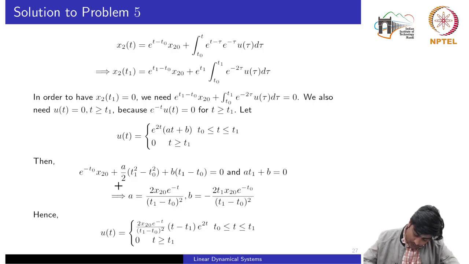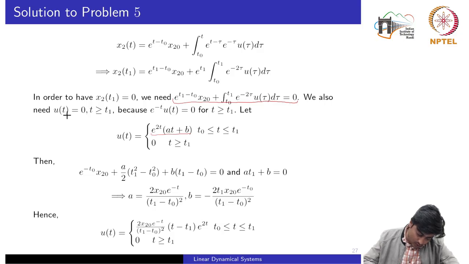So this requires two equations to be solved. The first one we have obtained from here. We just need to substitute u(t) into this expression which we have specified here, and since this computation is between t0 and t1, we would use this u(t).